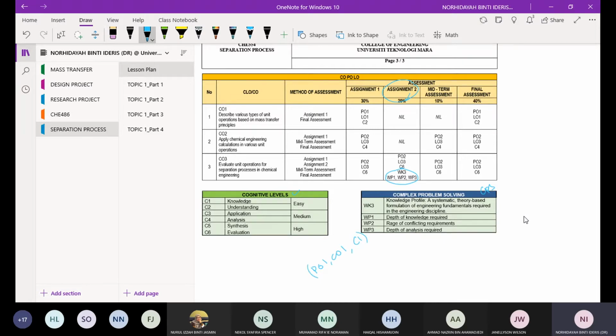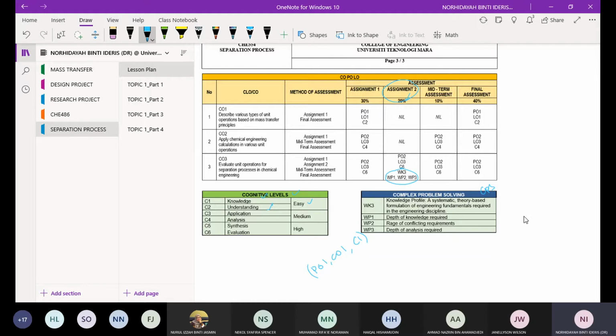The expectation from the program is PO1, and the expectation of the course outcome is CO1. When we talk about describing various types, usually the question asked is on knowledge and understanding, and it's stated here that the C1 and C2 levels are the easy ones.